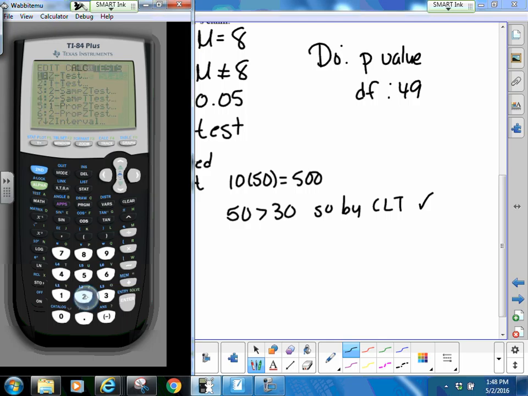This is the t-test. I'll leave that up there for a minute. Pretty big p-value. We got 0.35 or whatever.